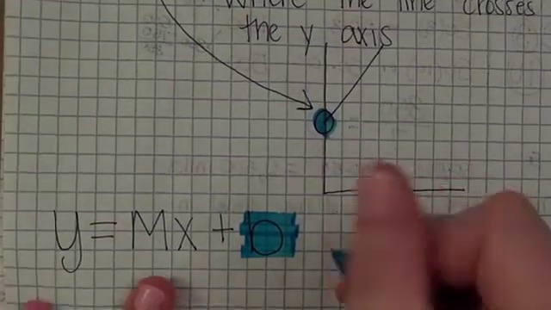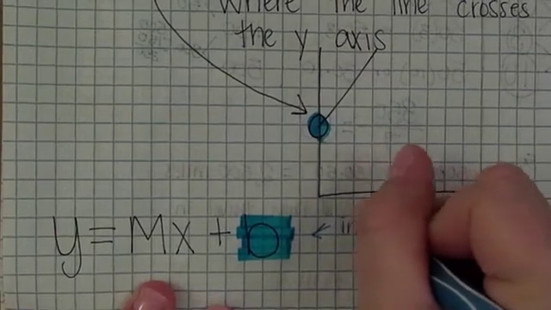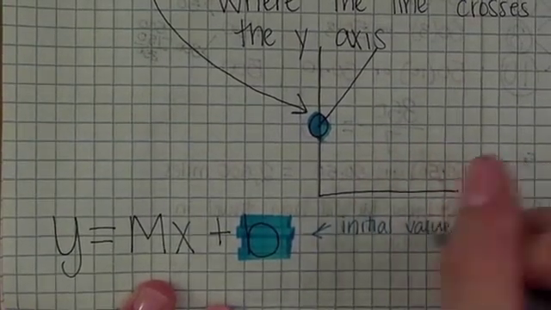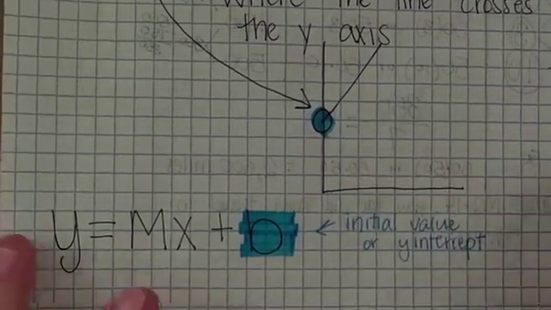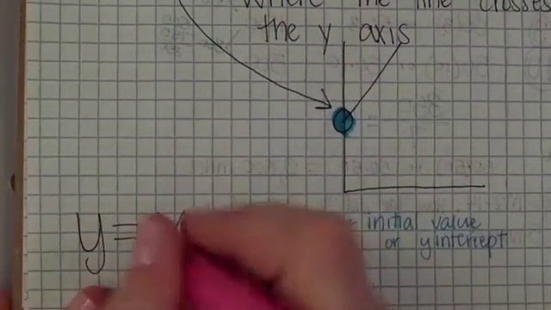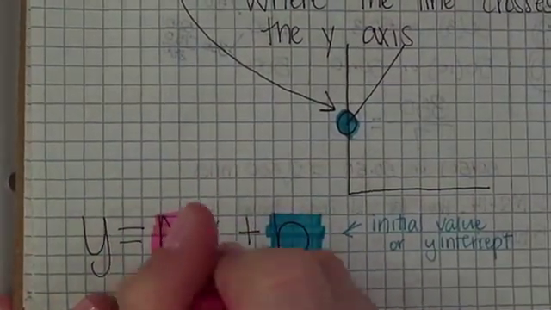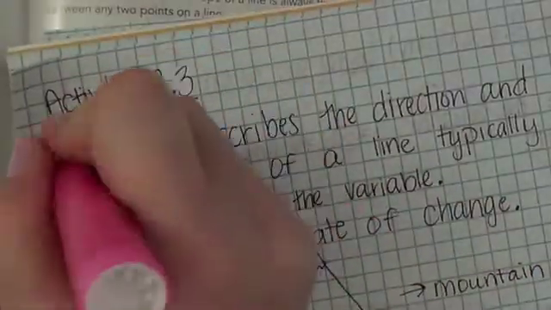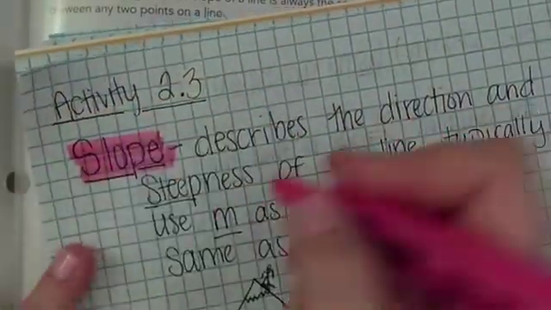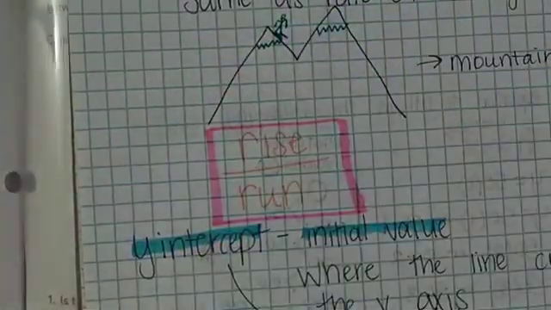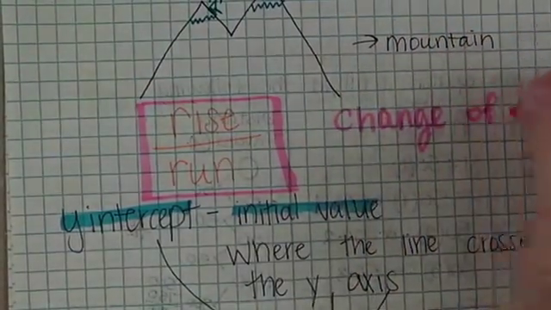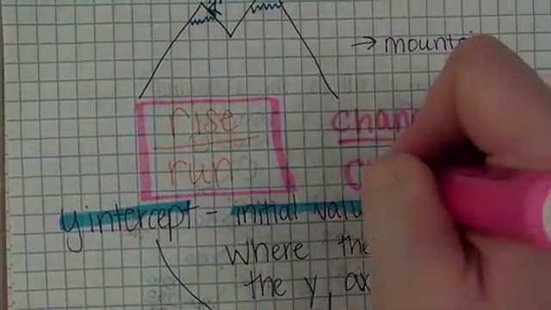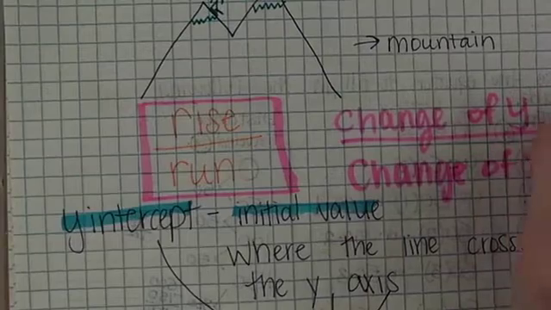So remember, the b is initial value, or y-intercept, and then the m is our slope, and we use m, and we set it up as rise over run, or change of y over change of x.